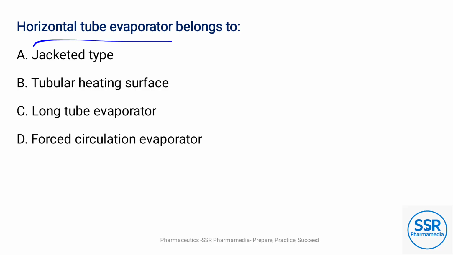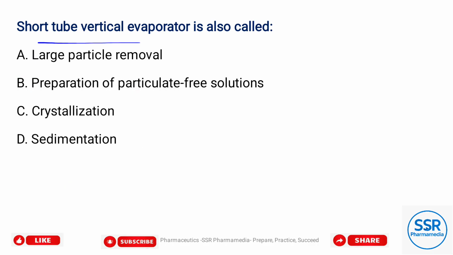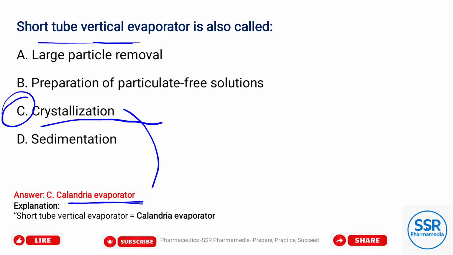Horizontal tube evaporator belongs to option B, tubular heating surface. Short tube vertical evaporator is also called option C, crystallization. Or it is also called calandria evaporator. So the answer is replaced: the short tube vertical evaporator is also called calandria evaporator.